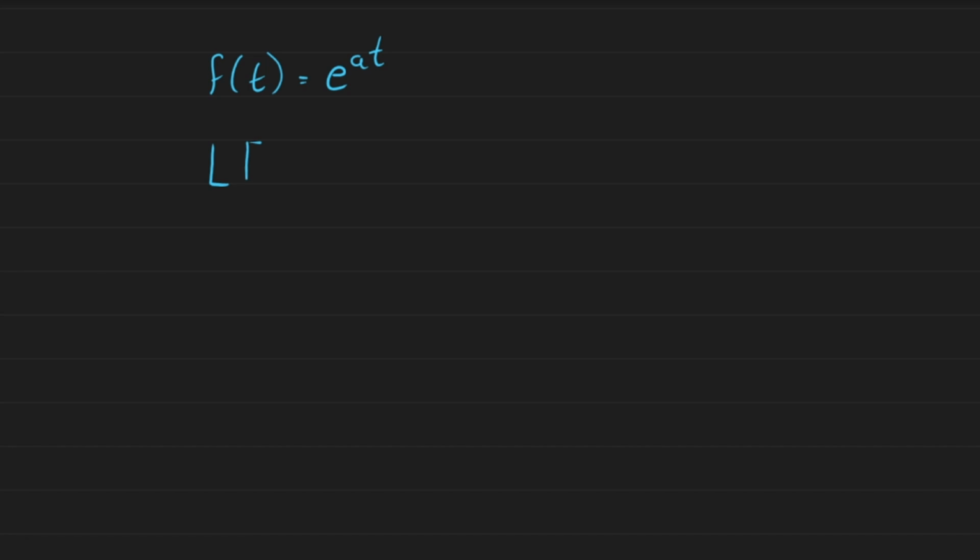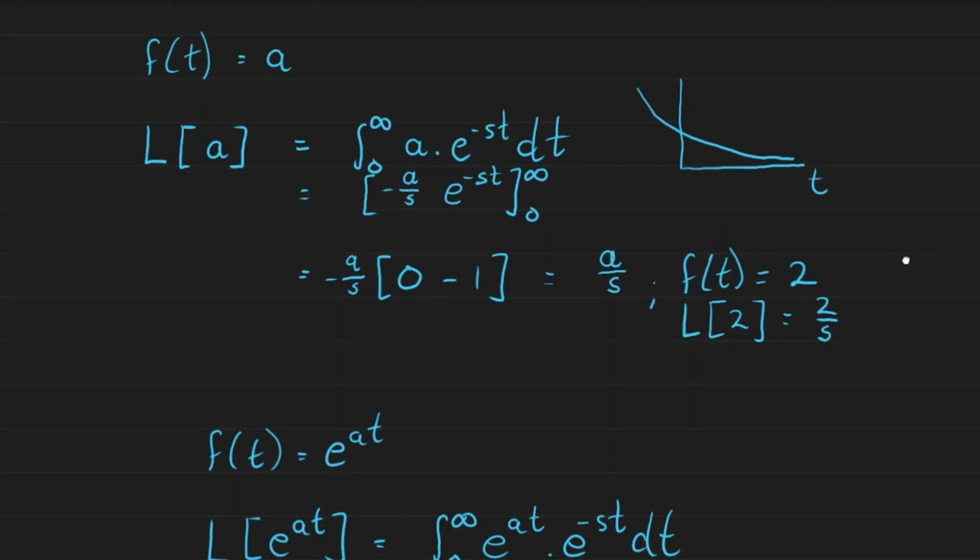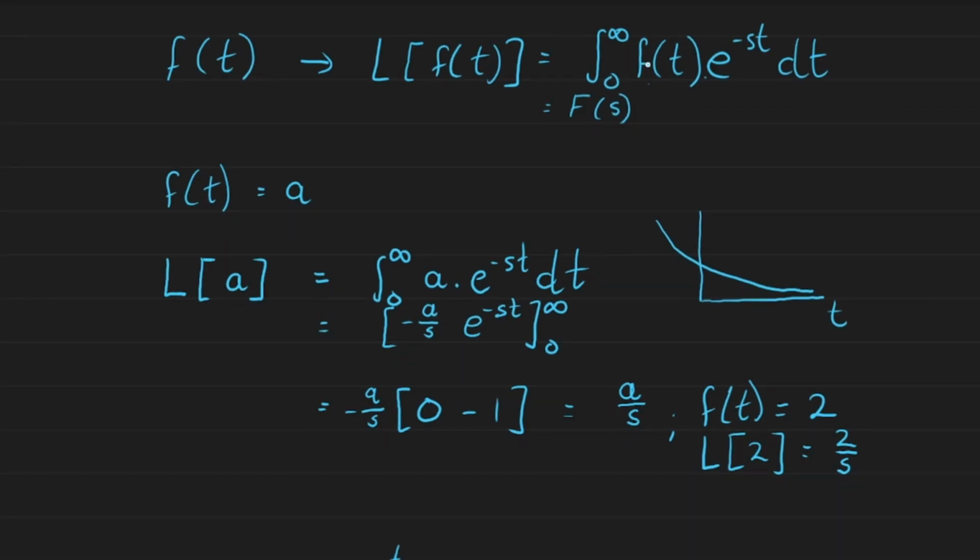So we have the Laplace transform of e to the power at, and it's defined as the integral from 0 to infinity of this function, e to the power at, multiplied by e to the minus st. We can go back and refer to the definition again. There it is: f of t multiplied by e to the minus st.